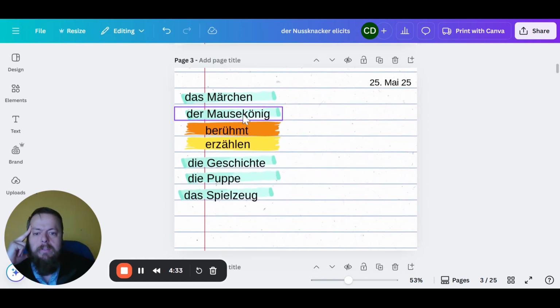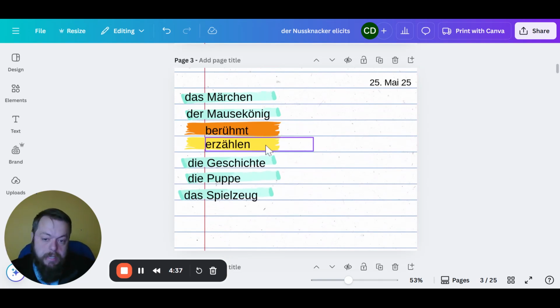Here I have highlighted a couple of them, and berühmt is an adjective and erzählen is a verb. It doesn't matter what colors they are. I've probably used so many different color combinations that right now I don't know. As long as they're different, the reason is you want them to have three different categories of words to identify what word this is.